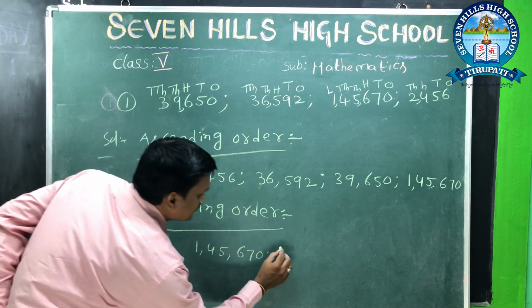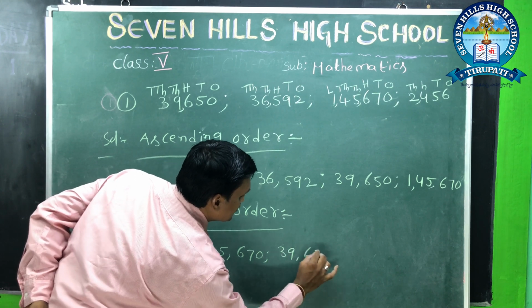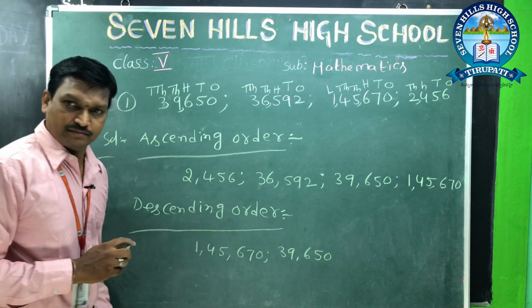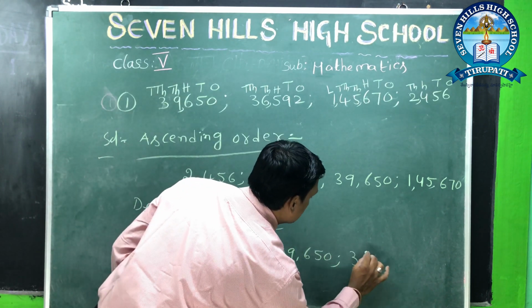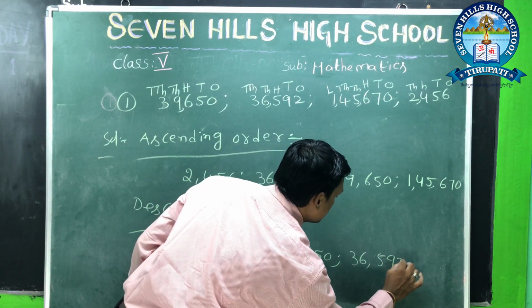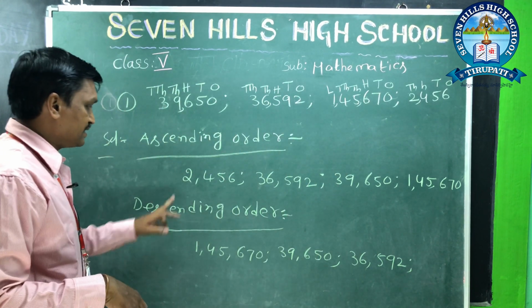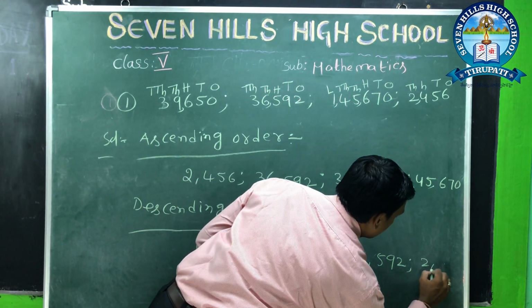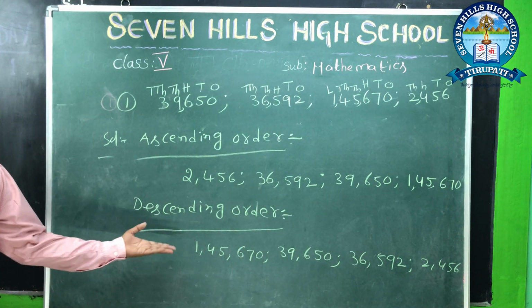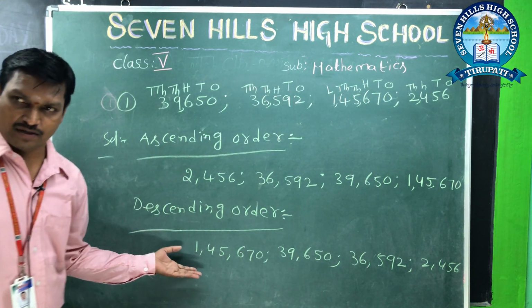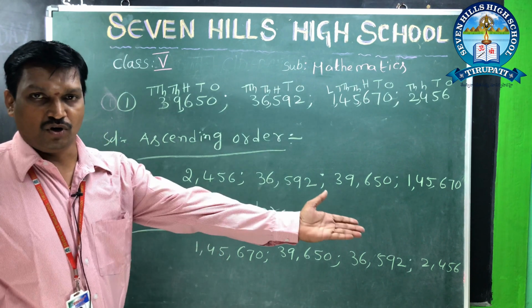Next, 39,650. Next, 36,592. Next, 2,456. So it is the descending order, biggest to smallest.